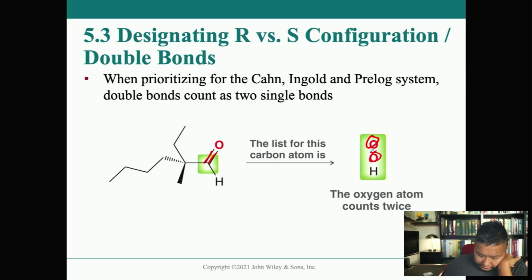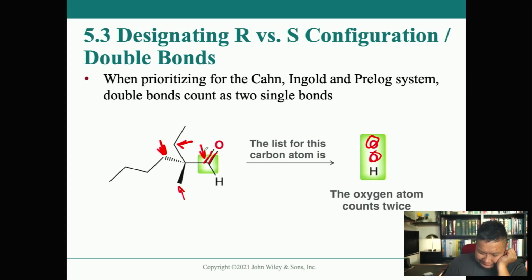So when you're trying to figure out between the carbon over here and this carbon over here, this is another carbon, that's a methyl group right there, and then this carbon over here, the oxygen actually gets the priority here because all those carbons have less atomic weight than the oxygen.